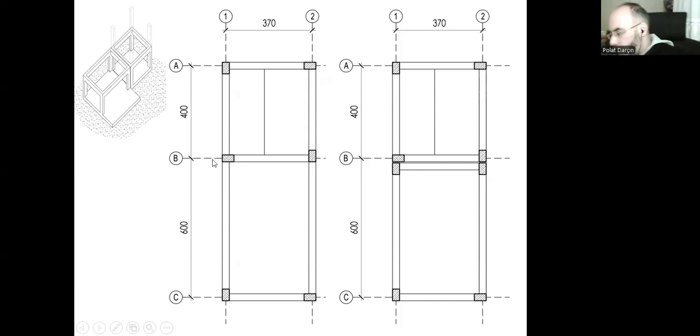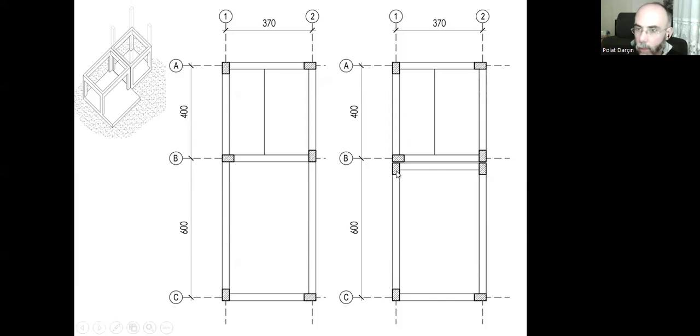So without the seismic gap, during the earthquake, during the lateral forces, because of the instability of the load distribution, these column and beam connections will be broken, and the structure will fall down.